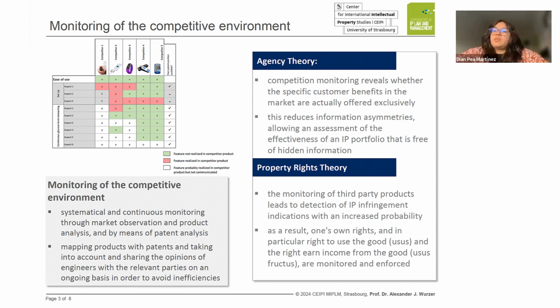From the property rights theory analysis, this monitoring of third parties' products leads to detection of IP infringement indications with an increased probability. As a result, one's own rights, which are divided into the property rights, are monitored and enforced. These rights are the right to use the good and also the right to earn income from the good.